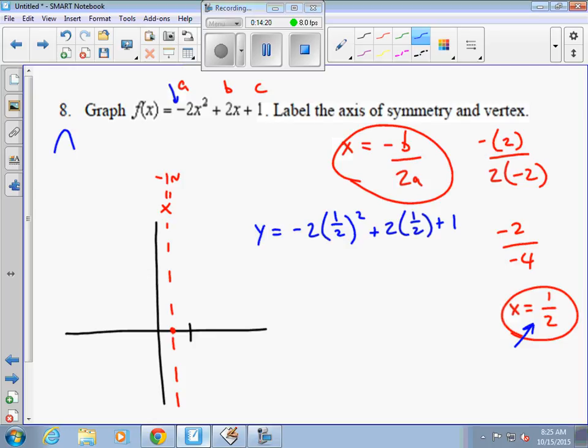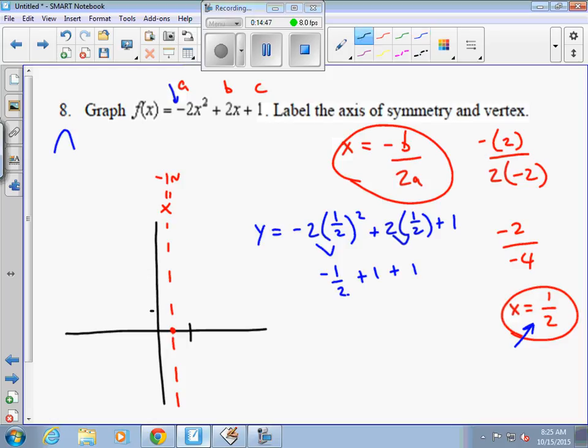And negative 2 times 1/4 is negative 1/2. Half of 2 is plus 1, and then you still have plus 1. So negative 1/2 plus 1 is 1/2, and 1 plus 1/2 is 1.5.